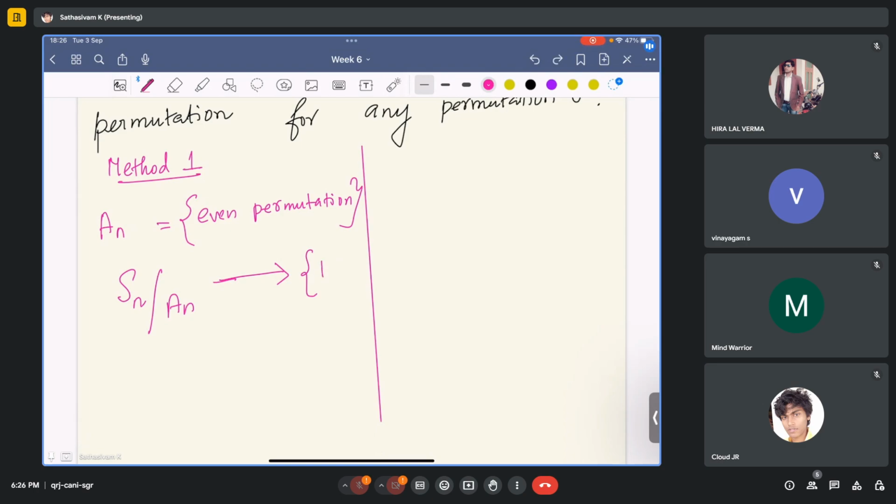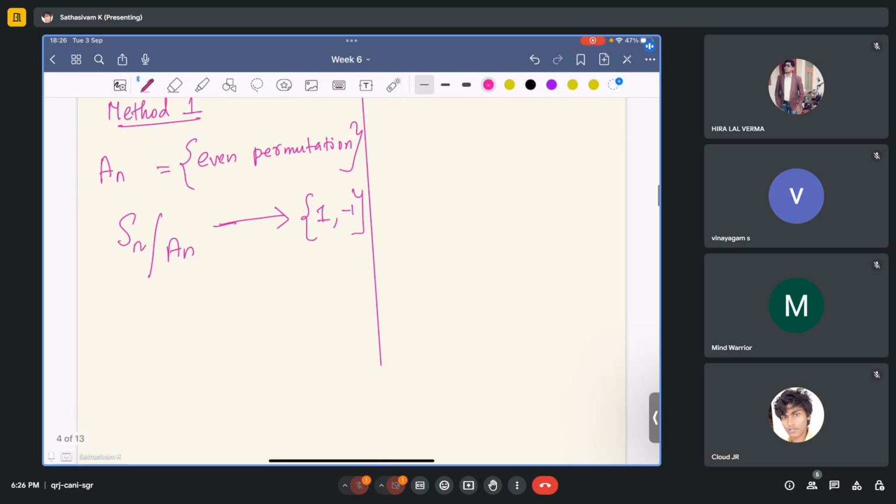I will write 1, minus 1 rather than plus or minus 1. This map we have. What you do is basically all the even permutations go to 1, and all the odd permutations go to minus 1. Okay, so this map we have.